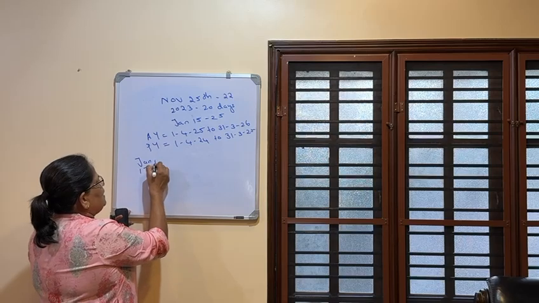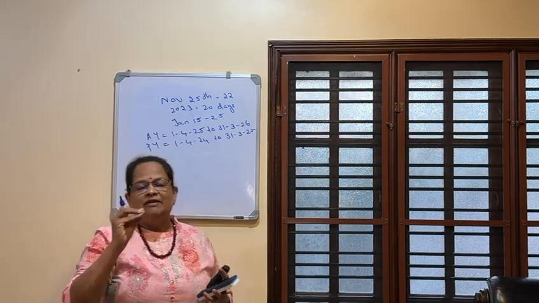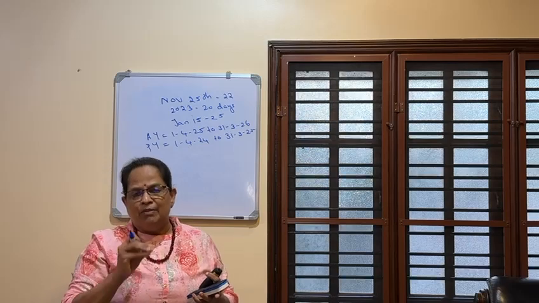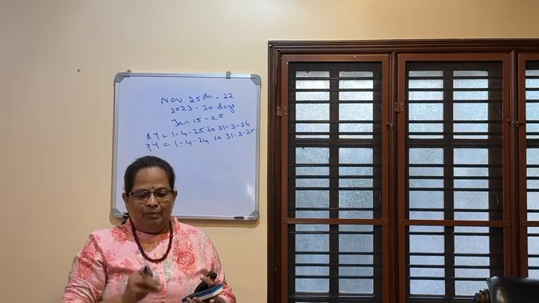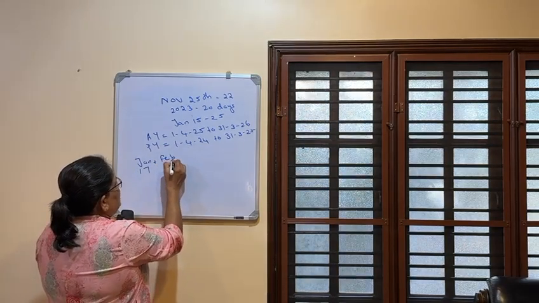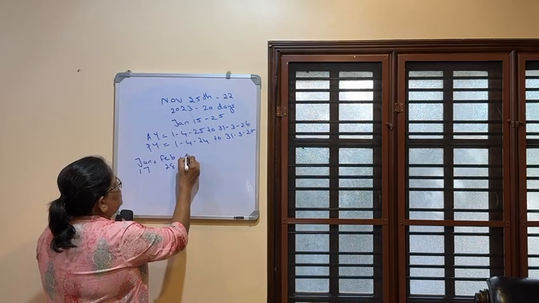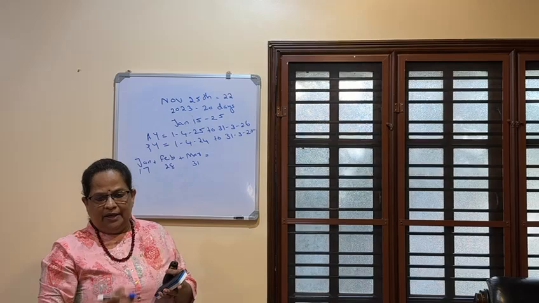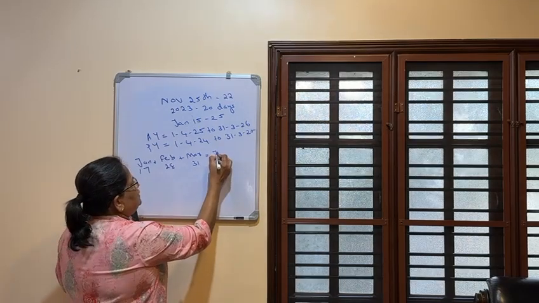Most students make a mistake here: the day of coming and the day of going are both counted as days stayed in India. Plus February 28, it's not a leap year. Plus March 31. So how many days did he stay in India in the concerned previous year? 76 days.